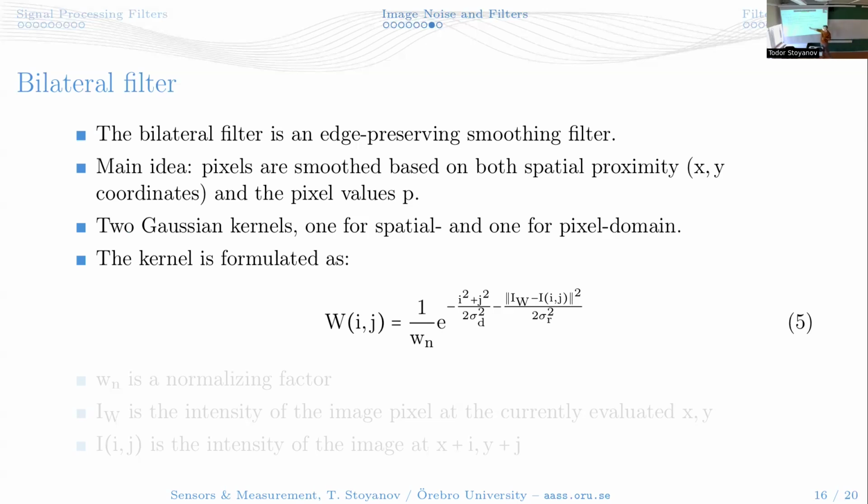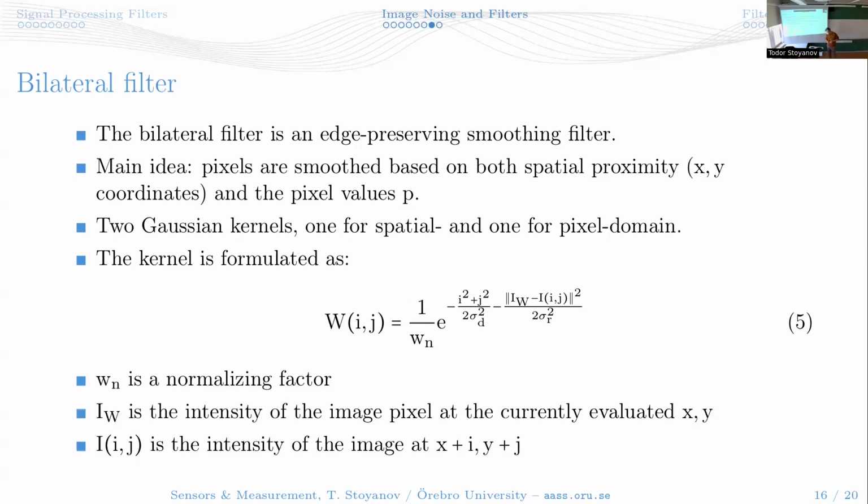And we have two sigmas here, one based on the distance, so how far to spread, and one based on the distance in intensity space. And then we have a normalizing factor, which is going to be recalculated depending on the current sum of all of these pixels, because it needs to normalize to 1.